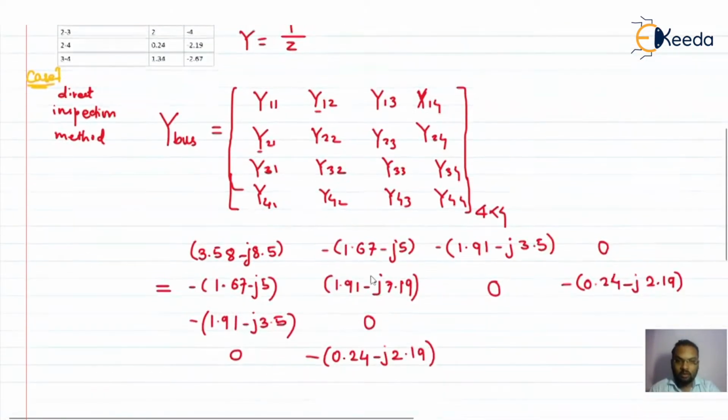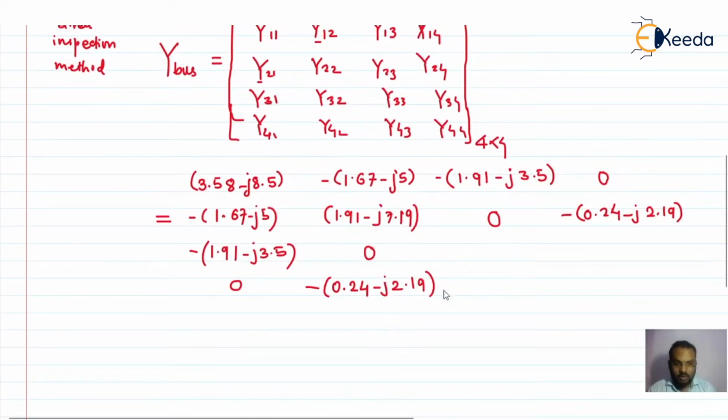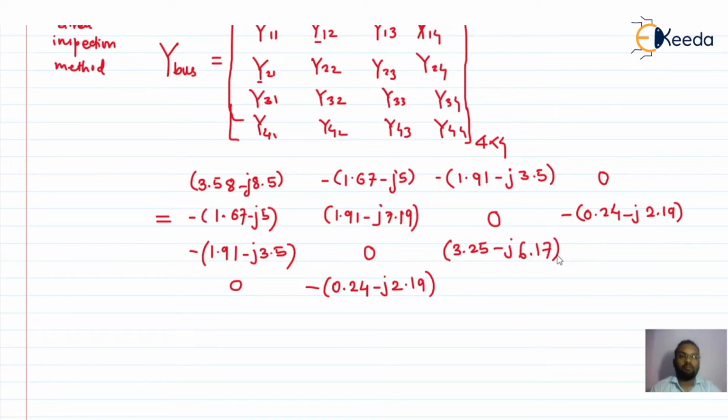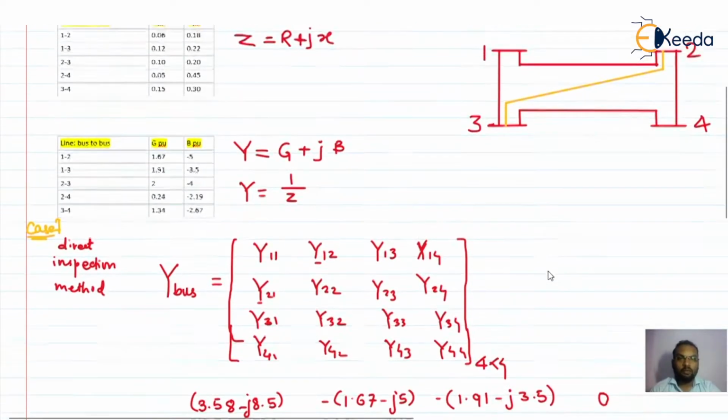If you solve this, just check whether you are getting the same thing or not. You should get 3.25 minus j6.17.